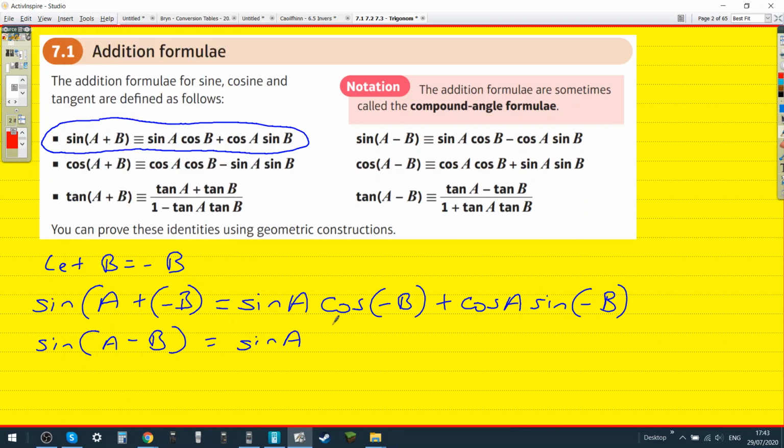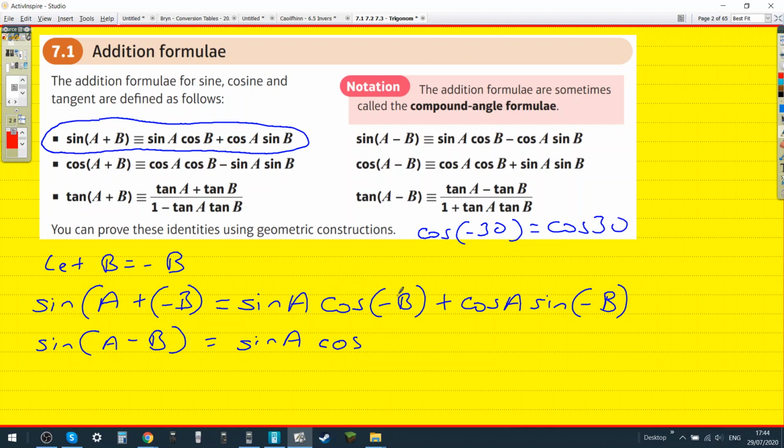What does that tell you about cos minus b? Does it go the opposite way through the origin? Cos minus 30 is the same as cos 30.